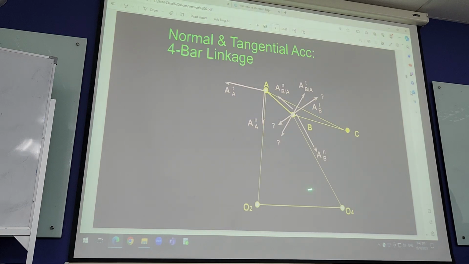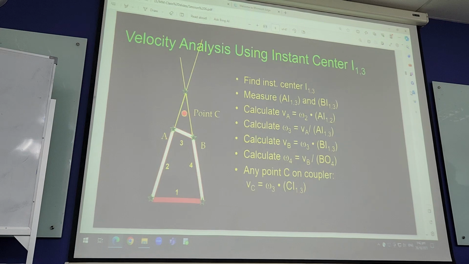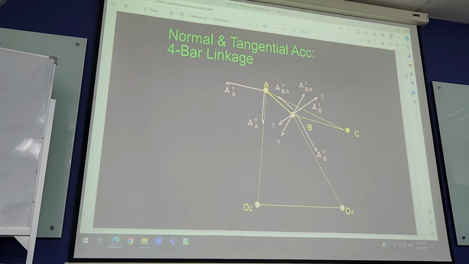So next, the accelerations. Velocities and accelerations will be coupled. The first question: the velocity polygon and acceleration polygon. The velocity analysis and acceleration analysis are very similar, the polygon method or the relative velocity method.